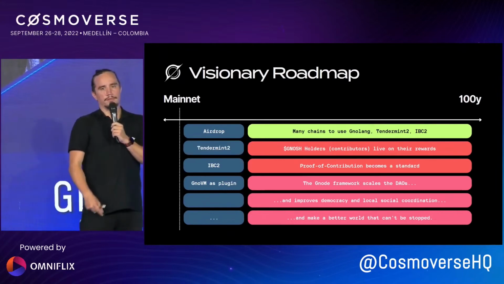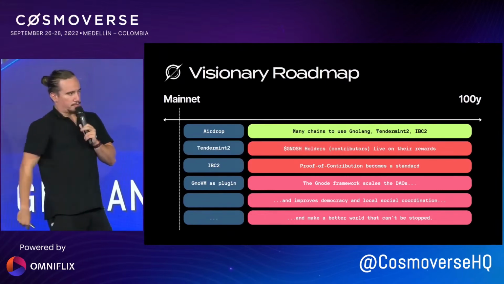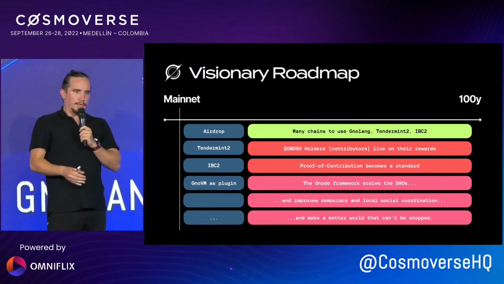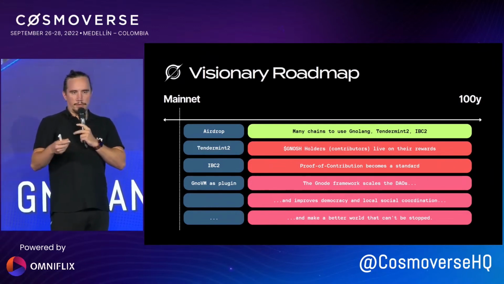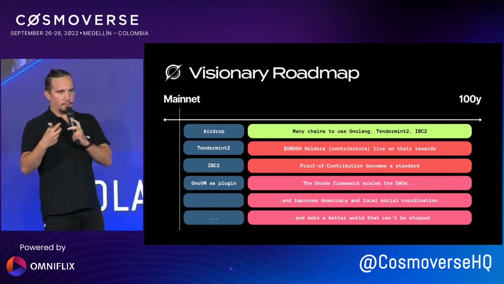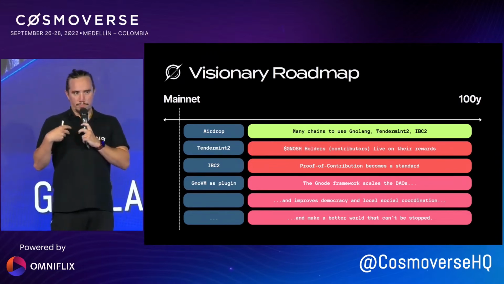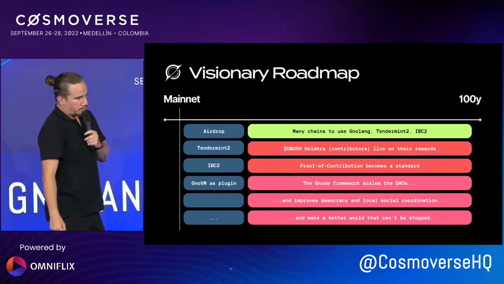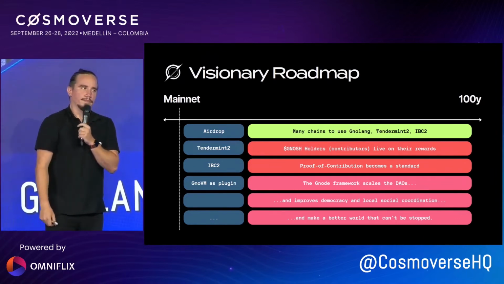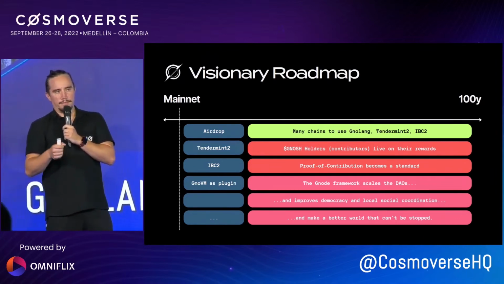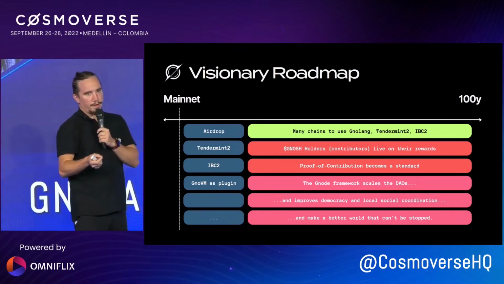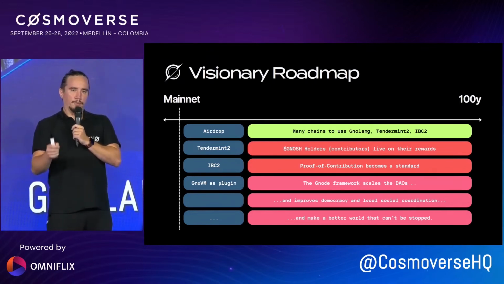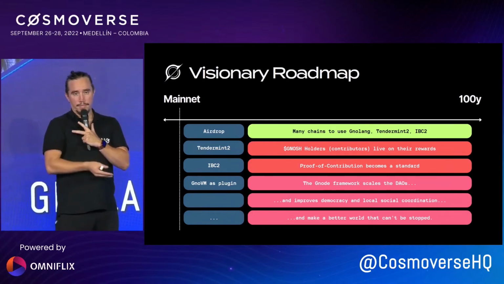Now, if we look at the very far future, in 100 years, so after the mainnet, the goal is that we are not a DeFi product or something, so we won't have our own application. We want people to write their applications on Gnoland, but we'll have other missions. Technically, to be the most fair proof of contribution system, we will need to extend it in a way where writing good code gives you a lot of money.